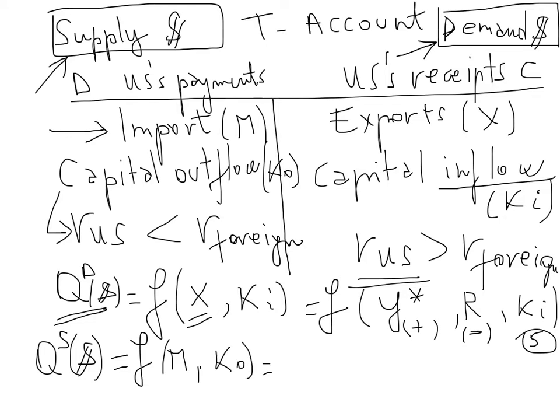And imports, based on equation number 3 from the previous video, imports were a function of Y in the United States with a positive sign. Then we have exchange rate with a positive sign, and you can also see on this chart that it is also a function of capital outflow. And that's equation number 6.